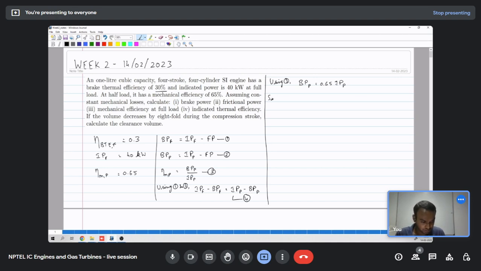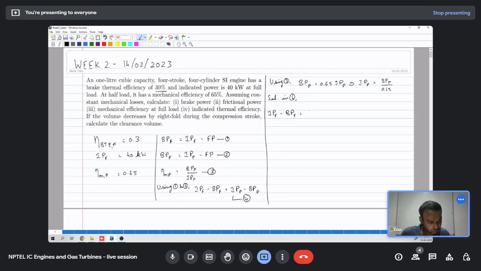So substituting in 4, we have indicated power at full load minus brake power at full load is equal to, I think it is better to write in terms of brake power. So indicated power at part load is equal to brake power at part load divided by 0.65.